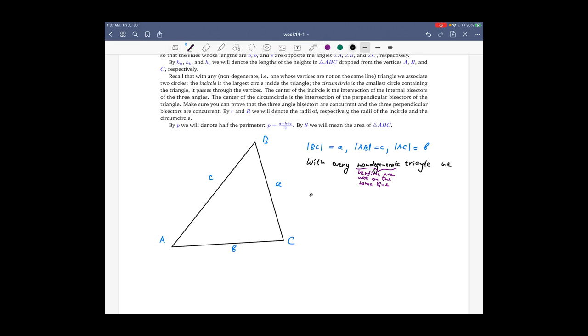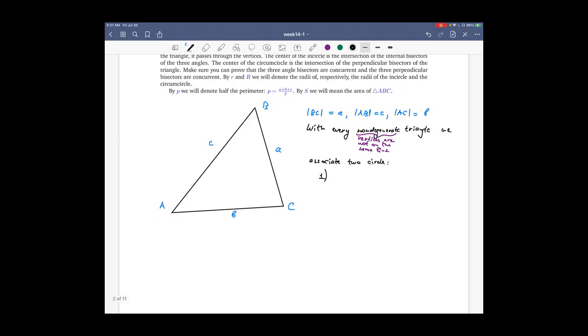we associate two circles. The incircle and the circumcircle. Now the incircle is the largest circle contained in the triangle.